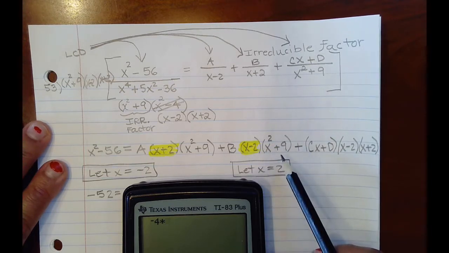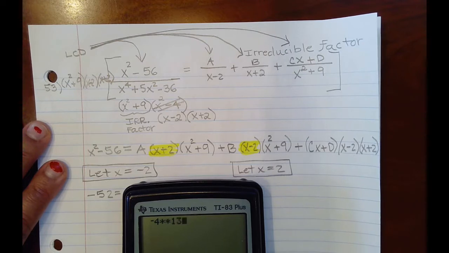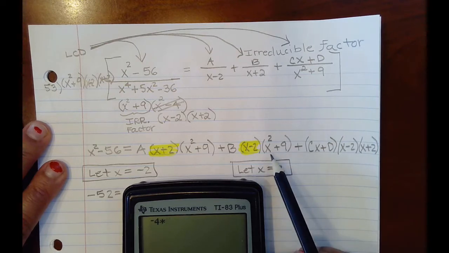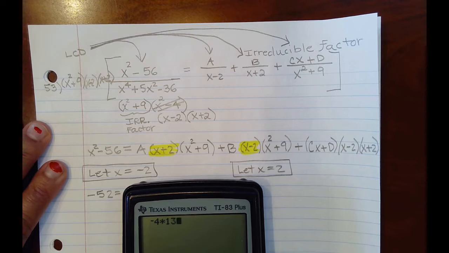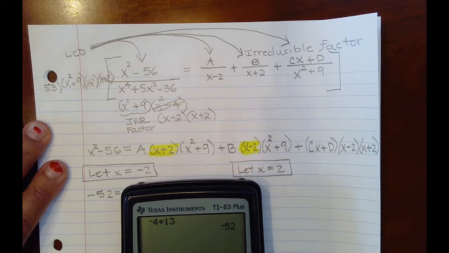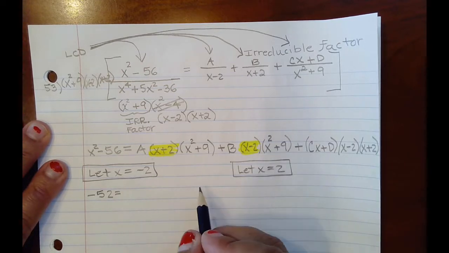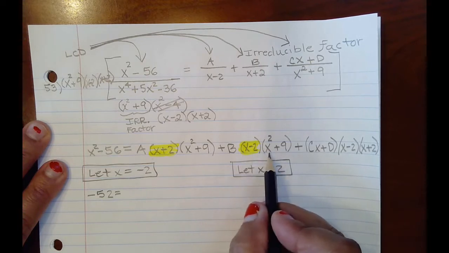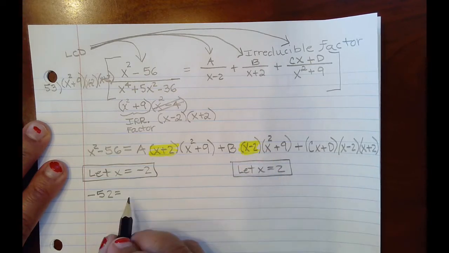So I'd be multiplying by 13. So -4 times 13, that's -52. And that -52 would be multiplied by b.